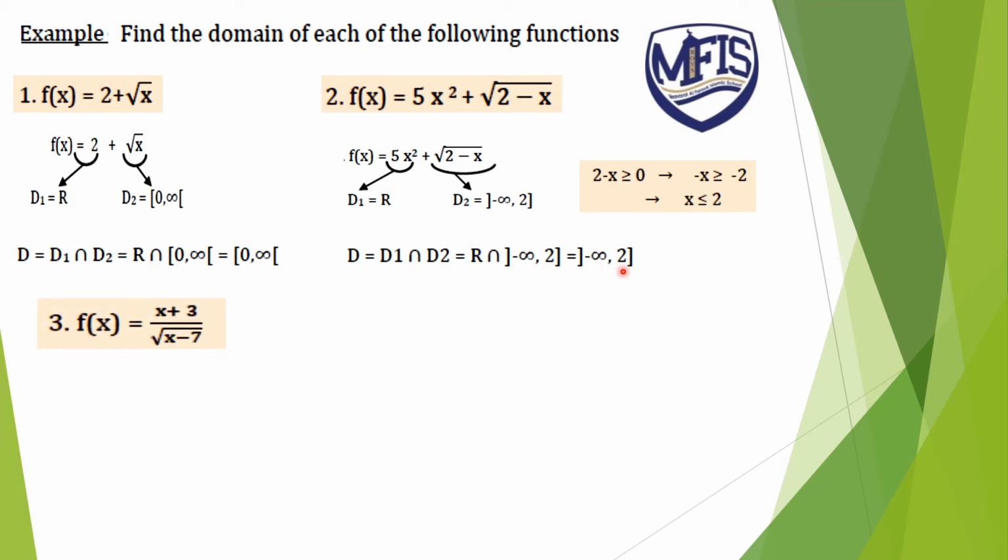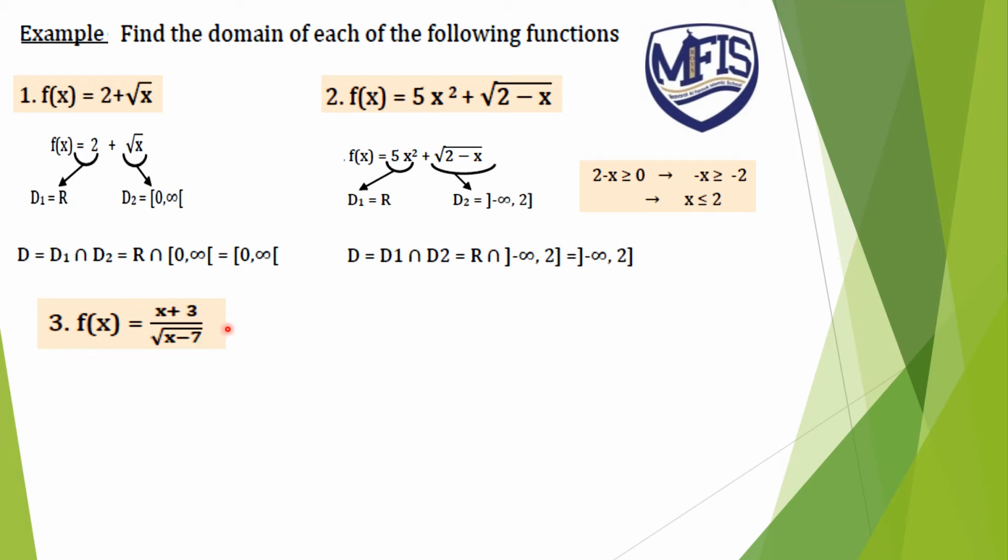Number 3: f of x equals x plus 3 over root x minus 7. Here we have two functions: x plus 3 up and root x minus 7 down.